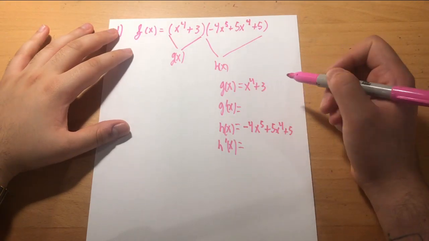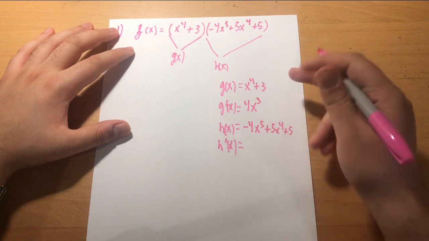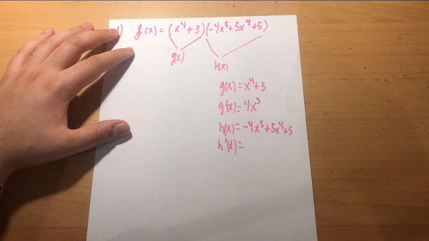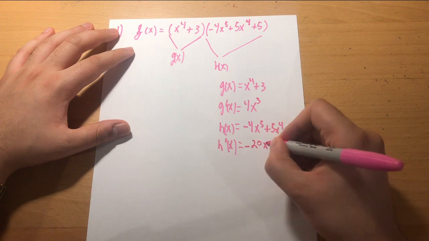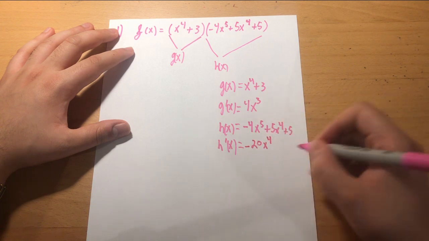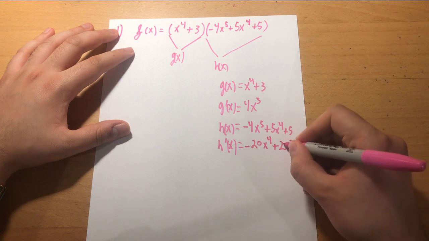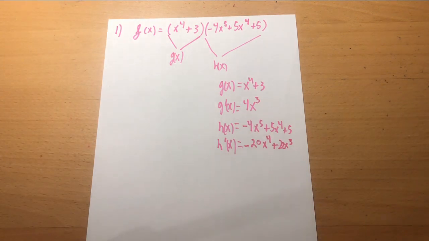So x to the fourth plus 3 gets you 4x to the third. And then the derivative of negative 4x to the fifth plus 5x to the fourth plus 5 should get you negative 20x to the fourth plus 20x to the third. All right, now we have all the parts we need.